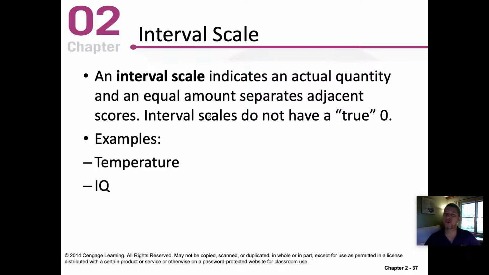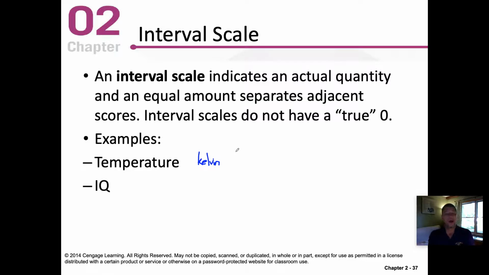And so there's not a true 0 there, unless maybe you remember from your chemistry course, the Kelvin scale. If you took chemistry in high school, the Kelvin scale actually starts at absolute 0, and so that one is a ratio scale. Celsius and Fahrenheit are actually interval scales.